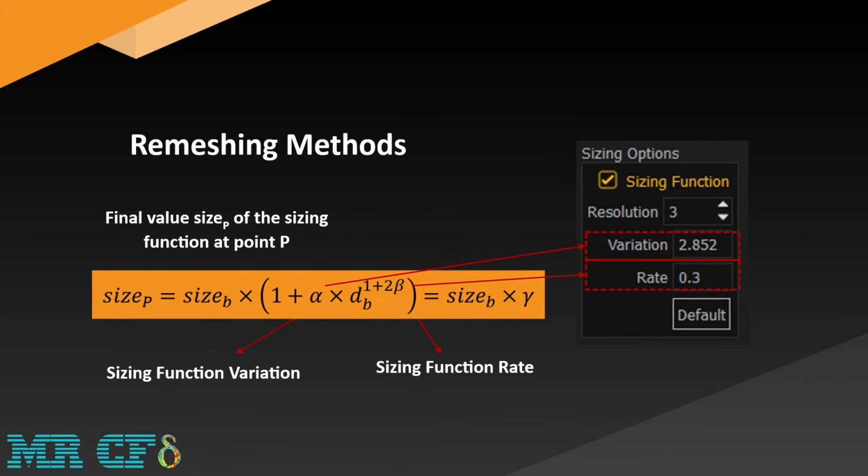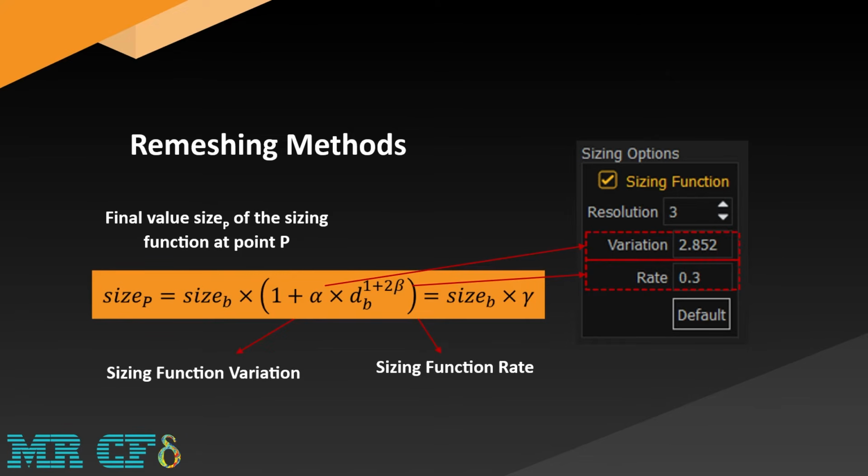Now, by using the parameters such as alpha and beta, which respectively express the variation of the size function and the rate of the size function, the final value size p of the size function at point P is expressed as follows, where dB is a measure of the distance of point P from the nearest border, and parameter gamma is also dependent on this dB.